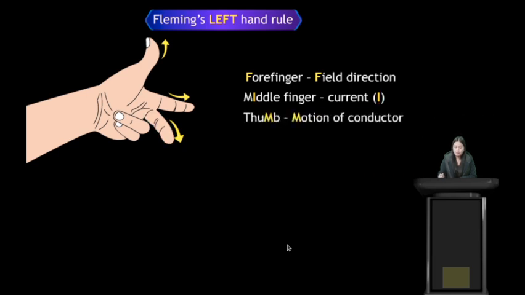Then we have the thumb. The thumb will show the direction of motion of conductor, or in other words, the direction of force, because the conductor will move in the direction of force. So the thumb will show us the direction of force or direction of motion of conductor. You can remember this by the letter M.